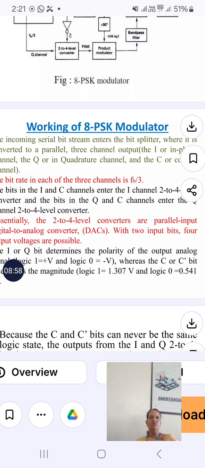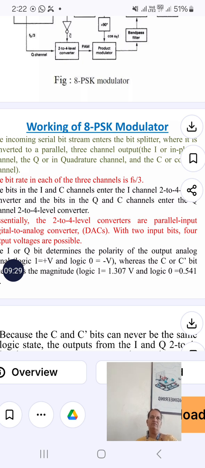So we have a 4 level converter, with the combination of plus or minus 1.307 and plus or minus 0.541. So we have 2 plus 2, 4 levels. And the remaining 4 levels are obtained by using the sine component and cosine component. This is a phasor diagram which represents all of it. Sine will have a plus term, cosine will have a plus term, and either sine or cosine will have the plus and minus term.